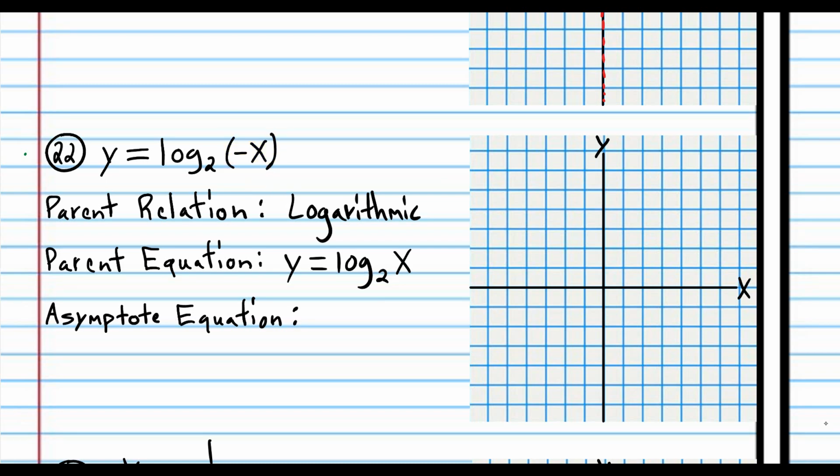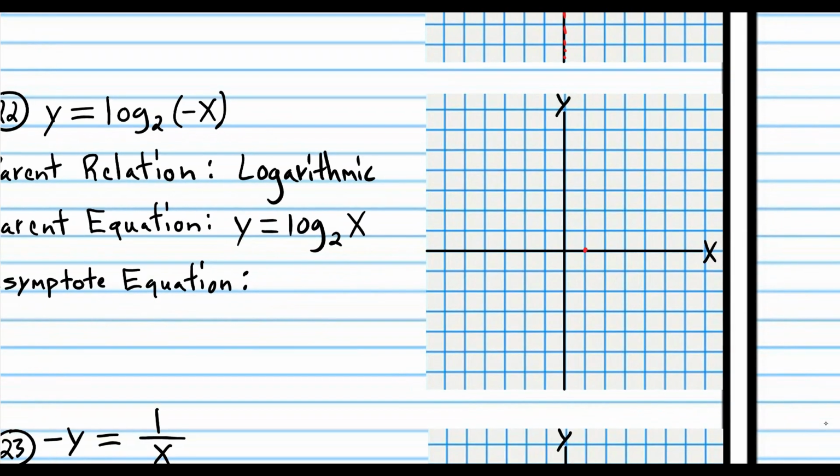So first, let's draw the parent graph. 1, 0, if you look at your library of relations, 1, 0 is always a point. And if you plug in 2 so that those numbers are the same, we always get 1. So 1, 2, up 1. Again, when these numbers are the same, the value of the logarithm is always going to be 1. If we plug in 4, that's a power of 2.